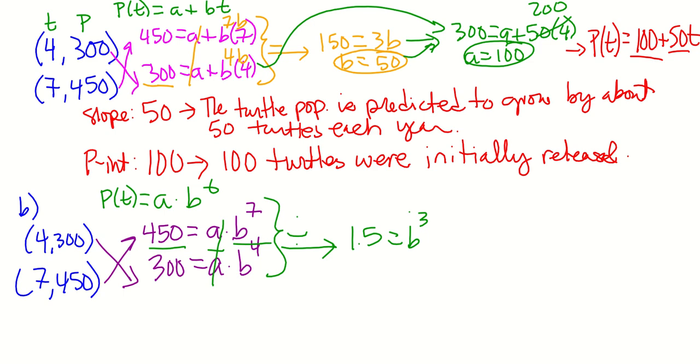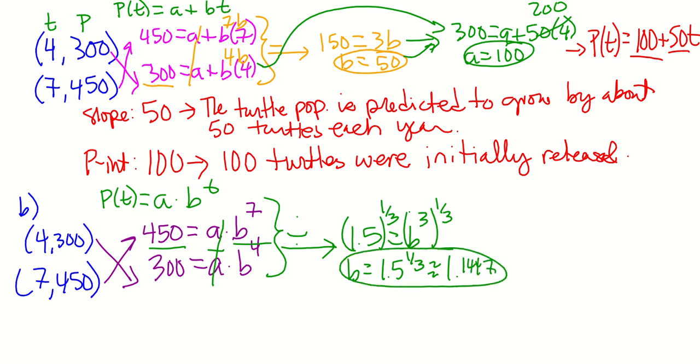To solve for B, we're going to take both sides and raise it to the reciprocal of that exponent, which gives us B equals 1.5 to the 1/3, which is about, if I put that in my calculator, 1.1447. So there's my value of B.